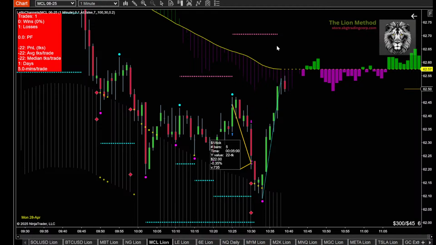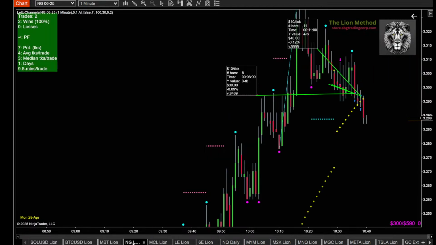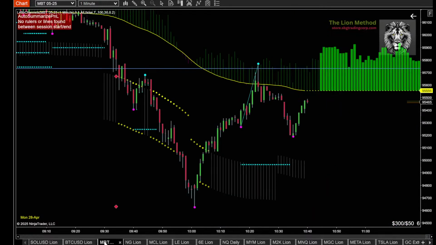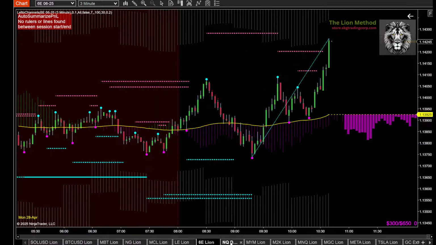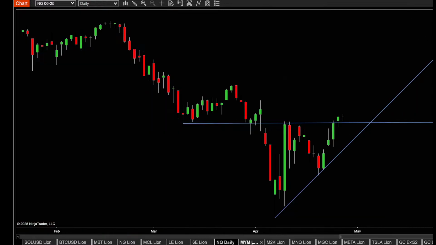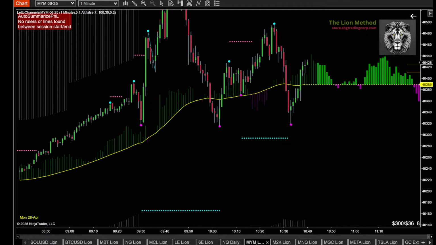But I got to break through the 100 to hit my target, which is up here. I'll watch that one. All right, hey, look at that. We did hit our target in that gas. Somewhat of a trend trade there.